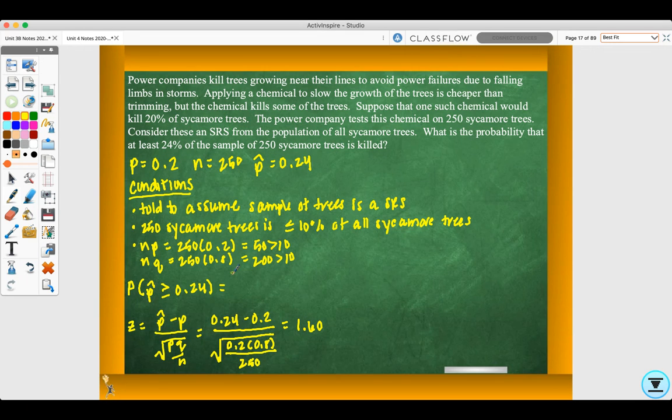So the probability that z is greater than or equal to 1.60. And what we can do is we can go ahead and put this in your calculator after you get it set up like this.